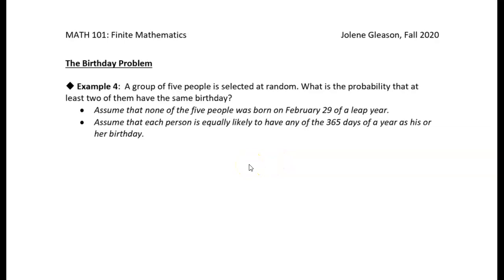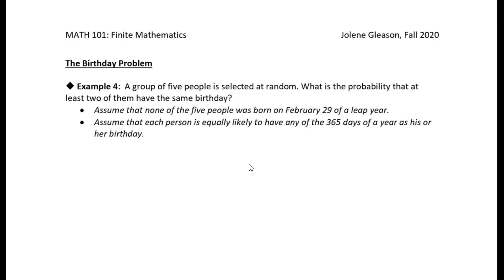All right, so let's think about how we could do this problem. The key to solving this problem is to recognize that the complement, the opposite of what we want, the complement of at least 2 people sharing a birthday is none of them share a birthday.